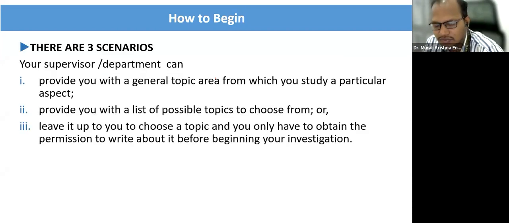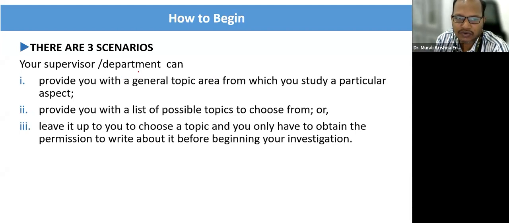Usually there are three scenarios when you are choosing a topic. When you are doing research, a supervisor usually gives a topic. You study this topic and come up with research problems.